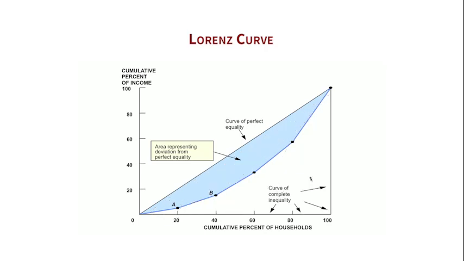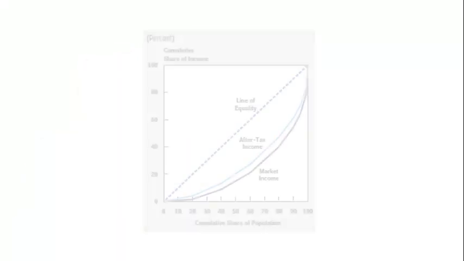So again, the blue area, I should say, divided by the total area in this triangle is the Gini coefficient. And the larger the Gini coefficient is, the more unequal the income distribution. So we have the Lorenz curve, from which we compute the Gini coefficient immediately.